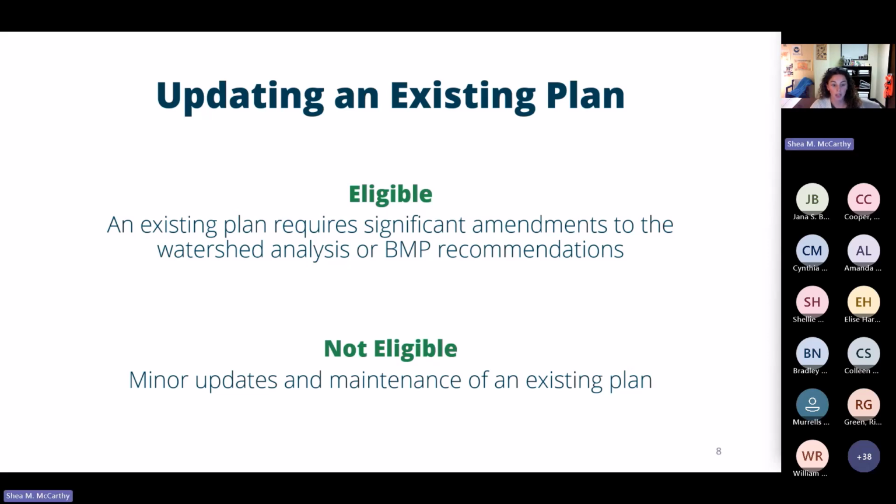So for example, if there are really important components missing from an old plan, maybe something like protection efforts that weren't originally included, that might be an opportunity to update. If there's a new TMDL in the area, maybe there's significant or unexpected development or land use change in the watershed. Those could be scenarios where funding might be eligible for an update.